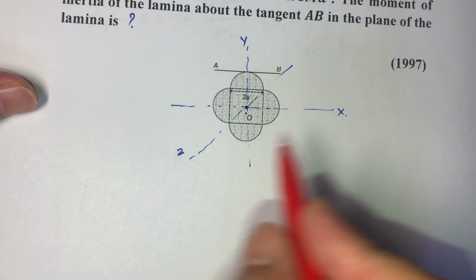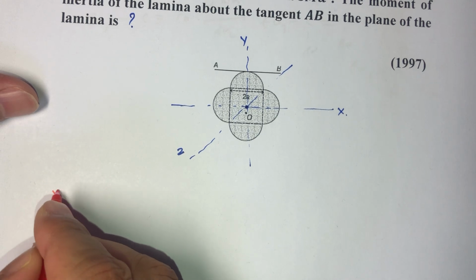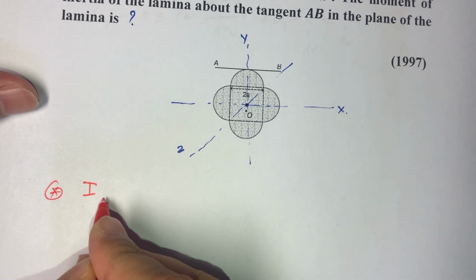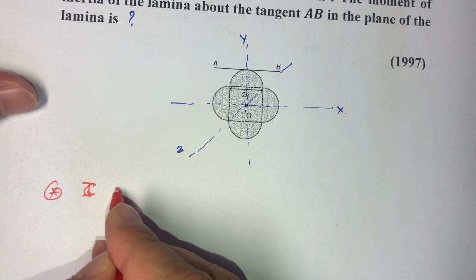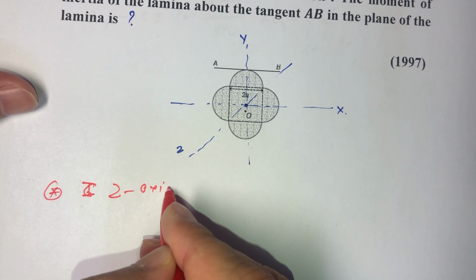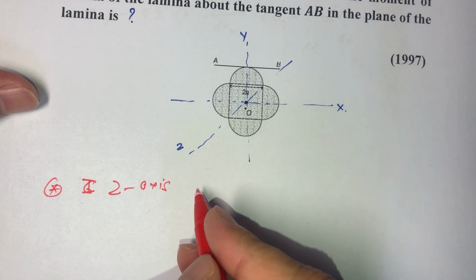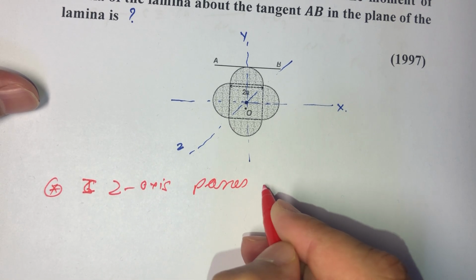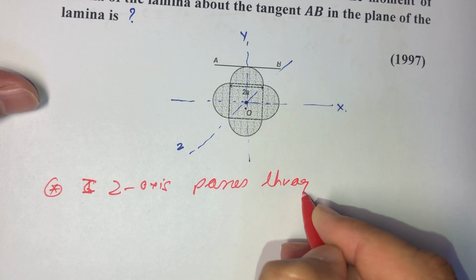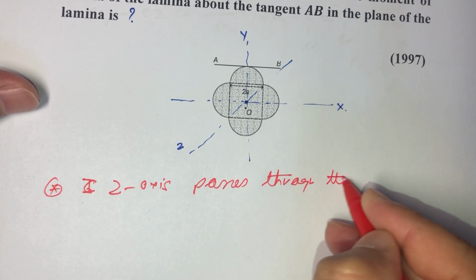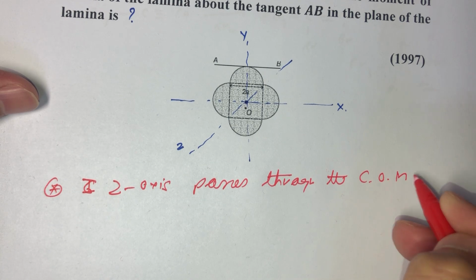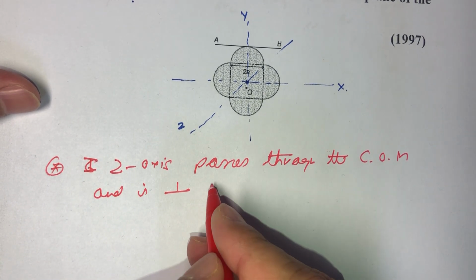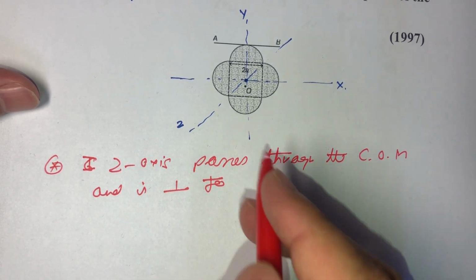The z-axis passes through the center of mass and is perpendicular to the plane.